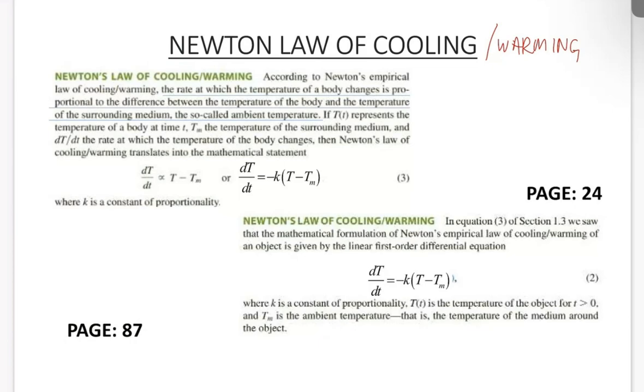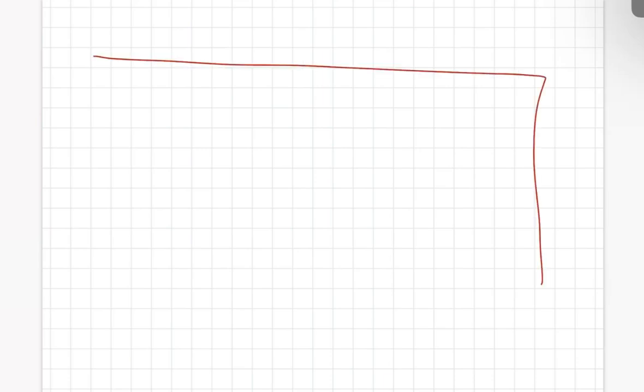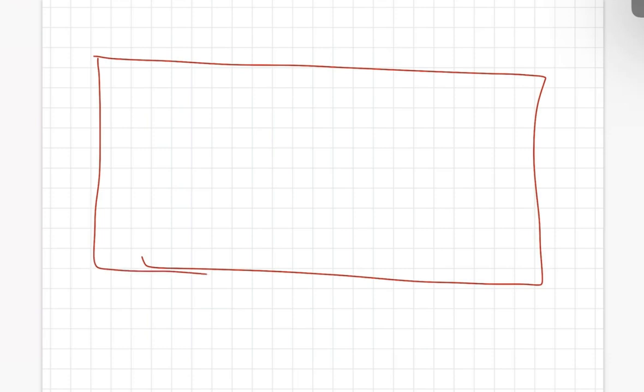So what does Newton mean? Let's try to think this way. Let's say you are in the classroom in DKN 1 and 2. This is your classroom. Your classroom has an aircon. This is the aircon switch.